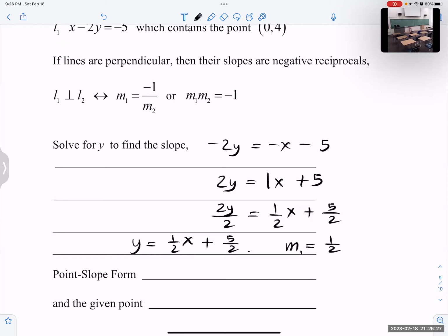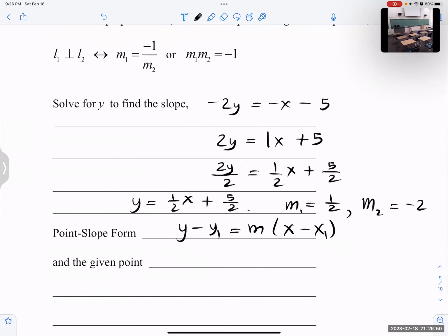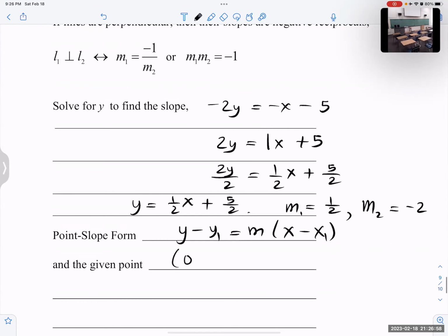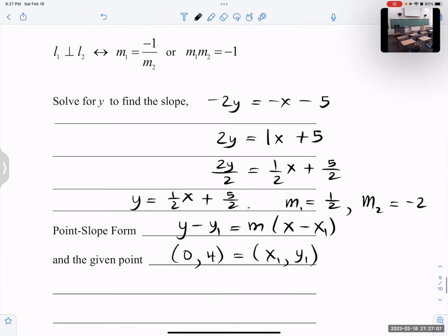So using the equation of a line in point slope form, which is y minus y1 equals slope times x minus x1, and knowing that m2 is -2, we can substitute m2 is -2, and for the given point, which was 0, 4, 0 will replace x sub 1, and 4 will replace y sub 1.